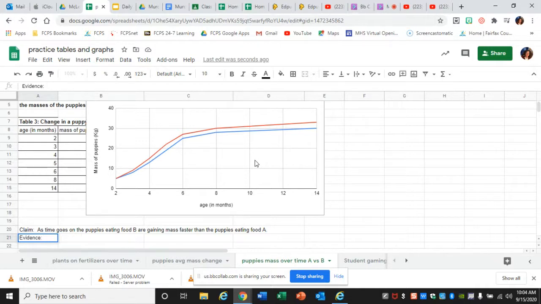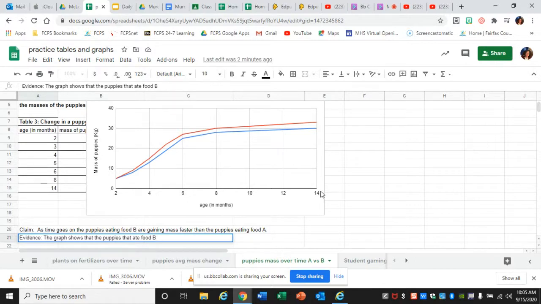My evidence is that the graph shows that the puppies that ate food B, I'll just go right to the end.